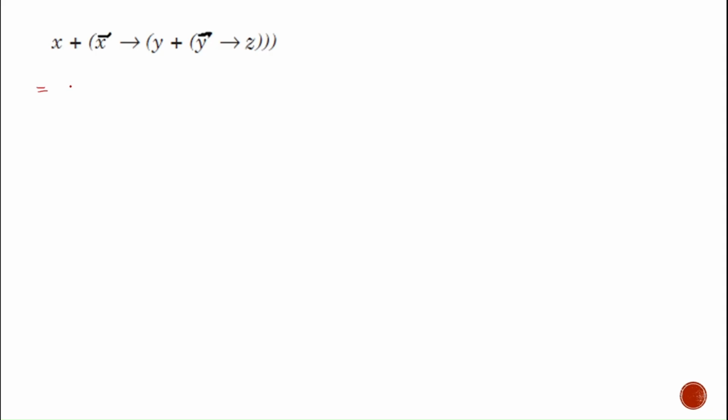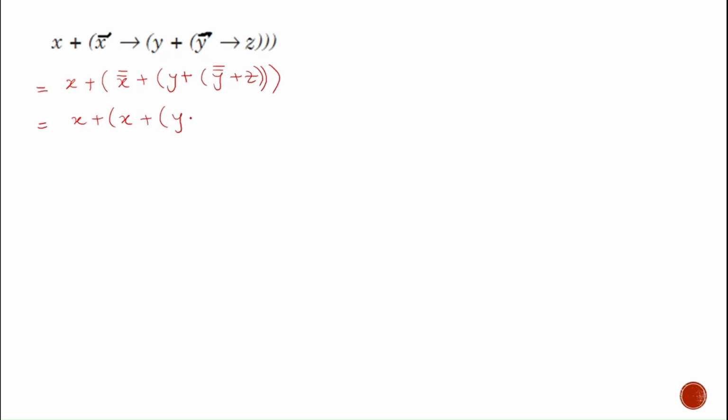Now let's do this third function. Again we convert this implication into the simple operators. So we write x bar plus y plus y bar plus z.